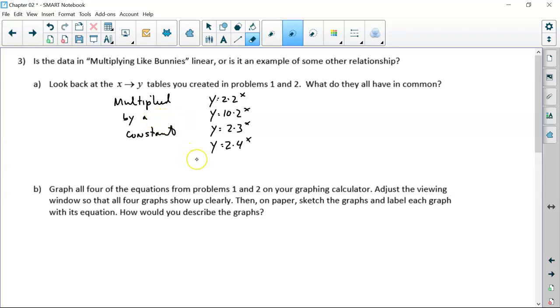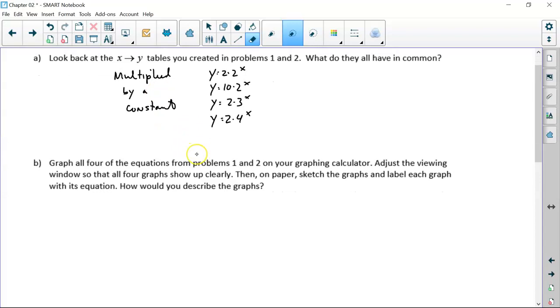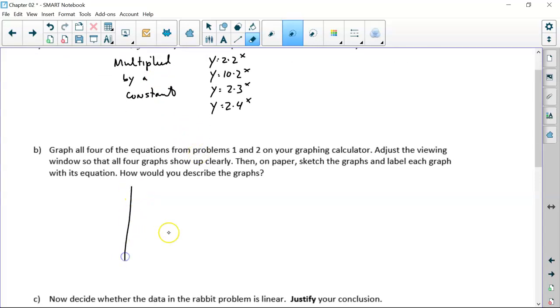Now, if you were to graph all 4 of them, and you could graph this right on a graphing calculator. So our graphs, 3 of them have the same intercept at 0, 2, and one of them has an intercept at 0, 10.